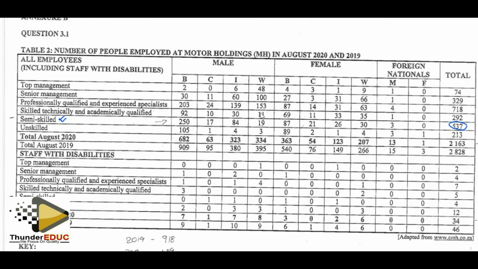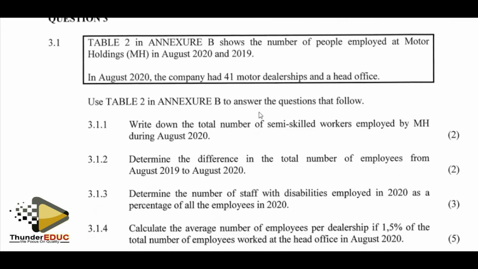So here we also have semi-skilled. So our answer becomes 537 plus 4, which became 541.